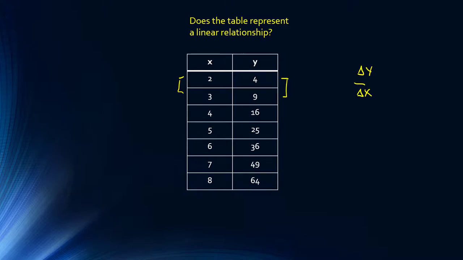If delta y over delta x changes as we go through the table, then it would be a nonlinear function. You may want to pause the video and determine what is the case.